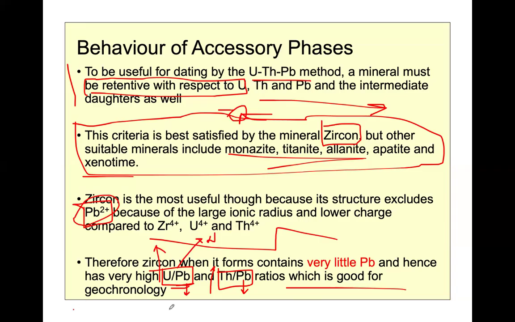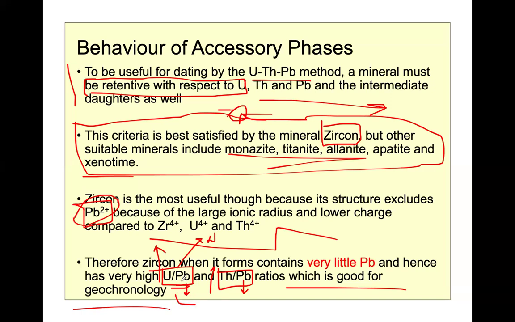So remember, for uranium-lead or thorium-lead geochronology, we need rocks or minerals bearing a high uranium-lead ratio or high thorium over lead ratio.